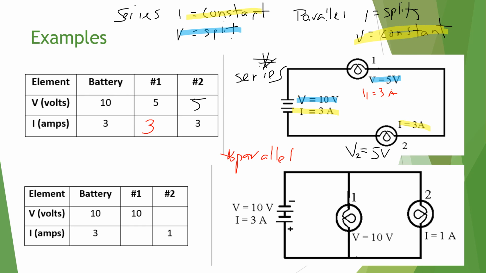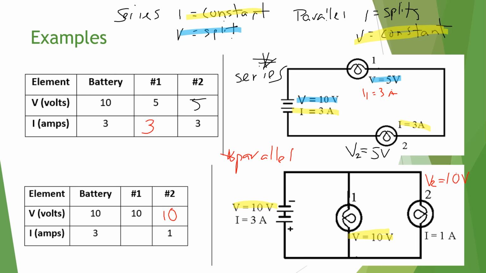So no matter where you are at load 1, 2, 3, or the battery, the voltage is always the same. So voltage at the battery, total voltage is 10. Voltage at the first load, so V1 is 10, which means that voltage at the second load, so V2, must be 10 volts. Okay, constant.